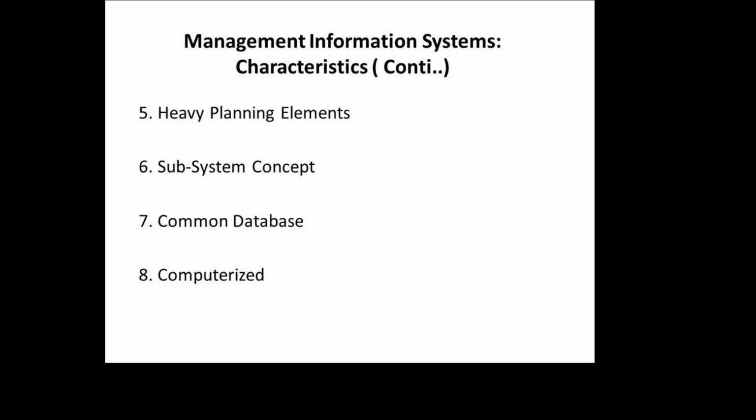The last characteristic of MIS is computerized. It is possible to have an MIS only with computerization. It means the use of computers increases the effectiveness and efficiency of developing a system or an MIS. In fact, its use equips the system to handle a wide variety of applications by providing their information requirements very quickly.